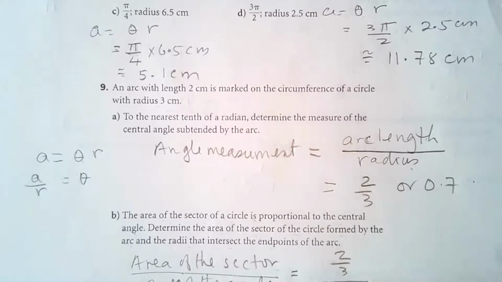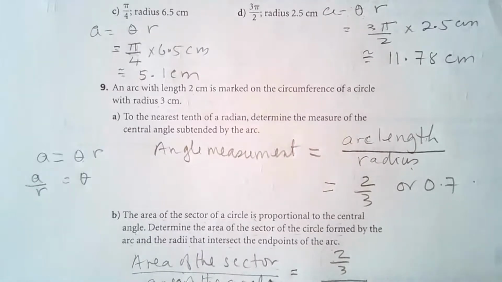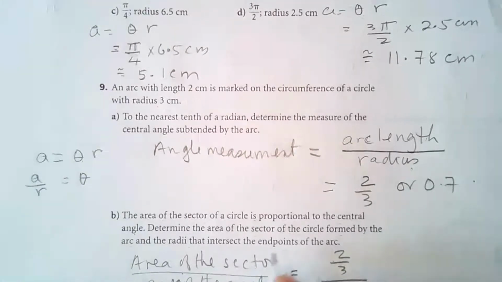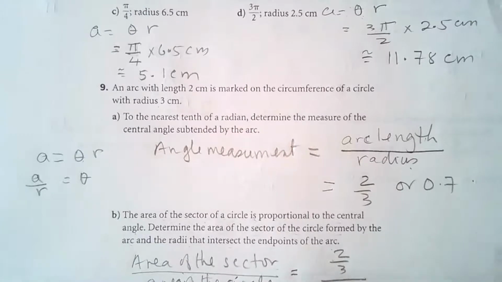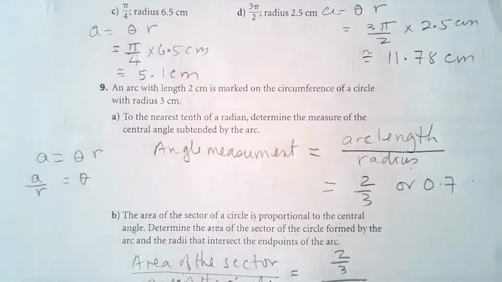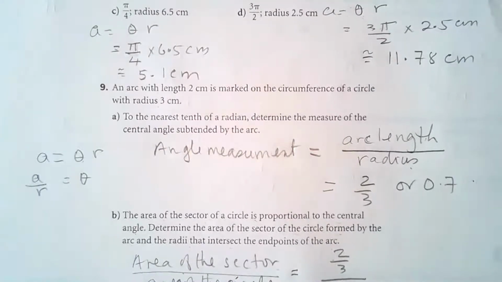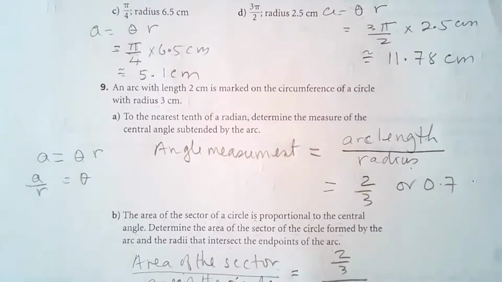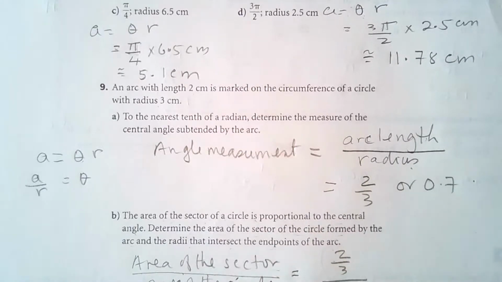so the area of the sector divided by the area of the circle. So the area of the sector is equal to 2/3 over 2 pi multiplied by the area of the circle.